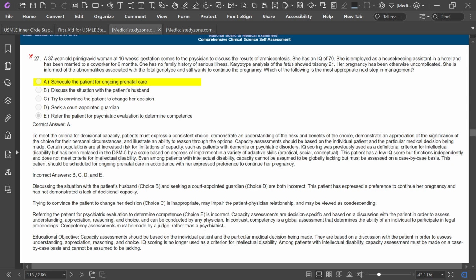IQ was previously used as the differential criterion for intellectual disability, but has been replaced in DSM-5 by a scale based on the degree of impairment in a variety of adaptive domains: practical, social, conceptual. This patient has a low IQ but functions independently and does not meet the criteria for intellectual disability.